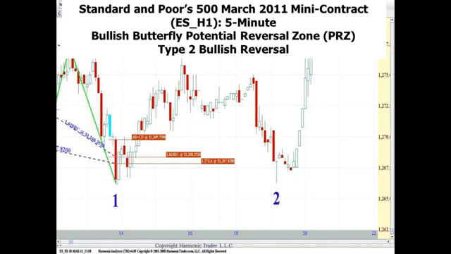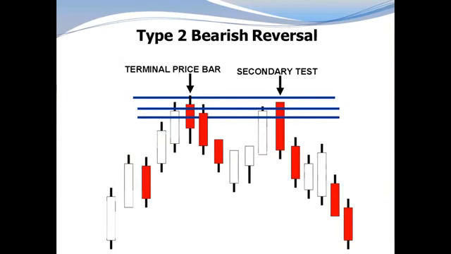But for now, from a broader standpoint, it's important to know that type 1 and type 2 reversals are handled differently. If we're looking at a type 2 reversal and a secondary test that is valid, after that secondary test retests the potential reversal zone, normally in valid cases, that's when you're going to see your big reversal and your big move. The type 1 move is typically going to be that quick reactive harmonic move which, regardless of what eventually transpires, will give you a quick and sizable profit.